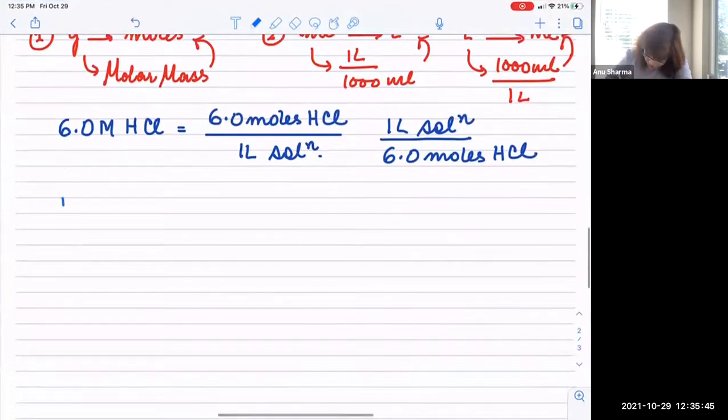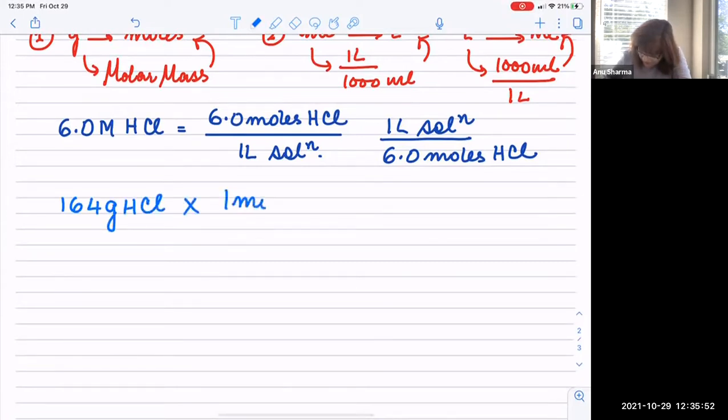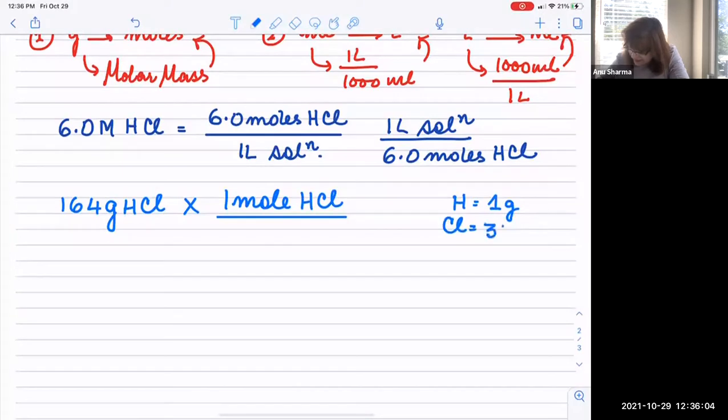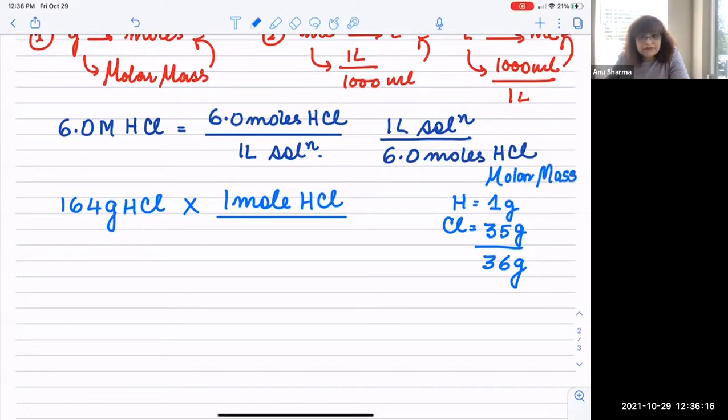164 grams of HCl. Convert that to the moles of HCl. So what do we have here? The molar mass of HCl: hydrogen is 1 gram, chlorine is 35 grams, and you get 36 grams of HCl. That's the molar mass of HCl, 36 grams per mole.